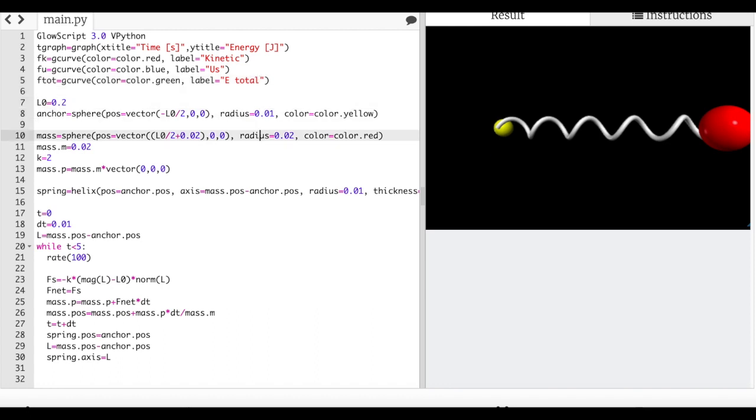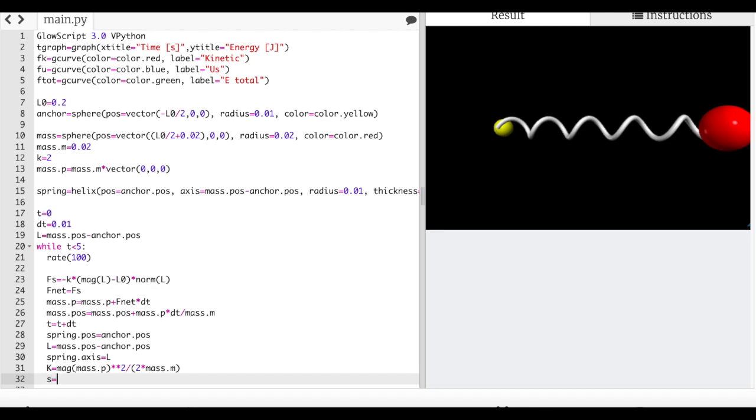Okay, now down here I need to plot these things at the end. So I need to calculate K equals p squared over 2m. So it's going to be mass.p squared divided by 2 times mass.m. That's the kinetic energy. The spring potential energy, oh, I need to calculate s, right?